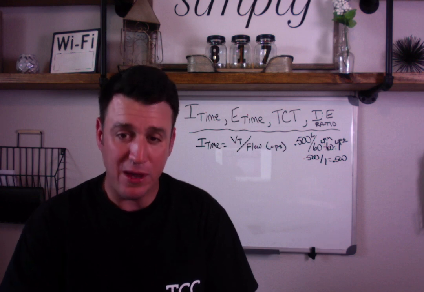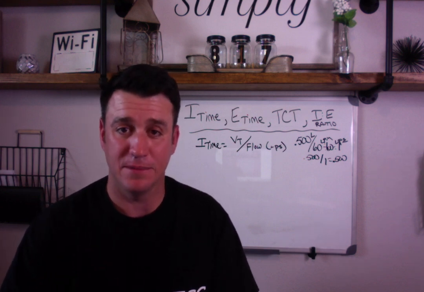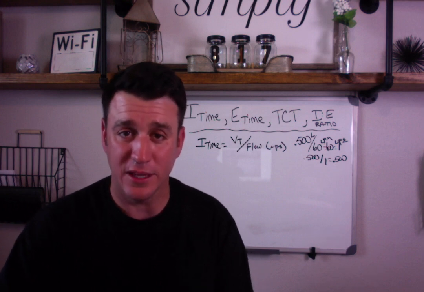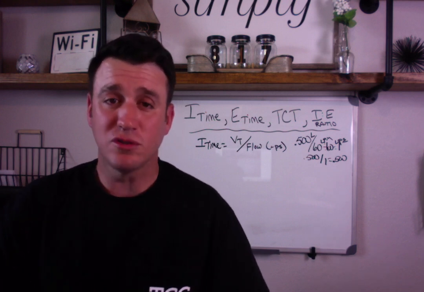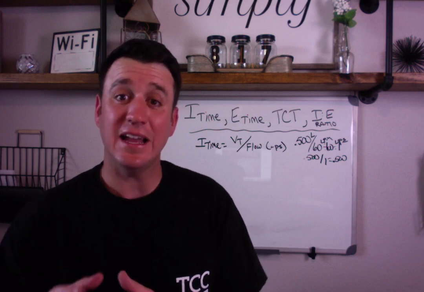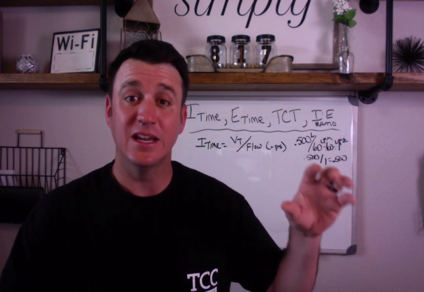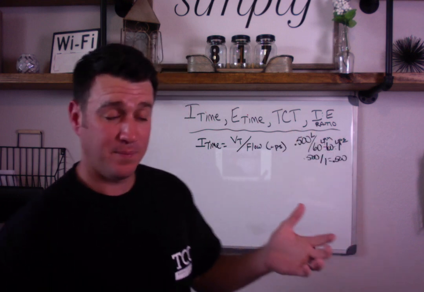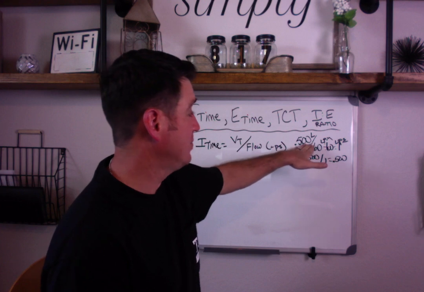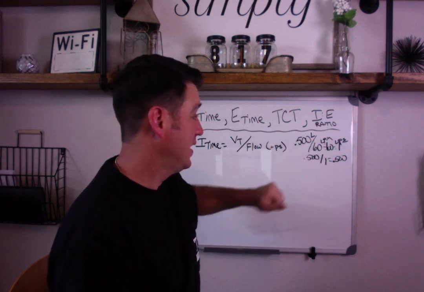Now, if you have a hard time understanding I time, just remember this. Always remember that if you're on a flow of 60, then your I time is the same as your tidal volume in liters. Okay? So just like this, we're on 500 milliliters, which is 0.5 liters.